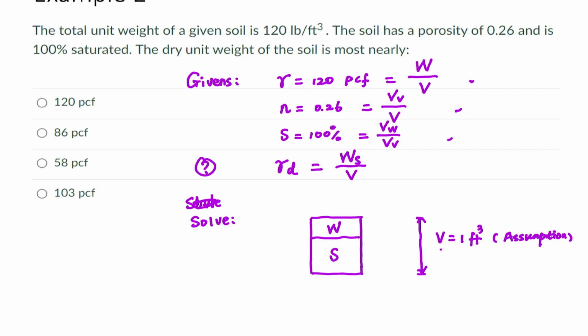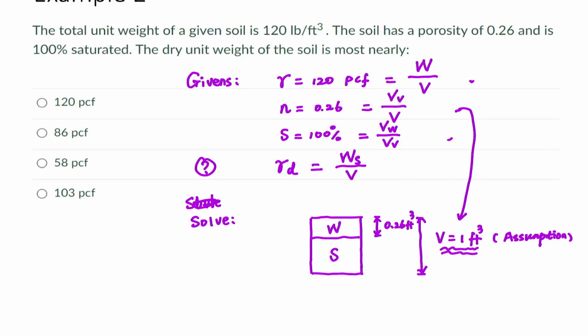So for this case, if the total volume is assumed to be 1 cubic foot, then we can take advantage of the porosity over here.